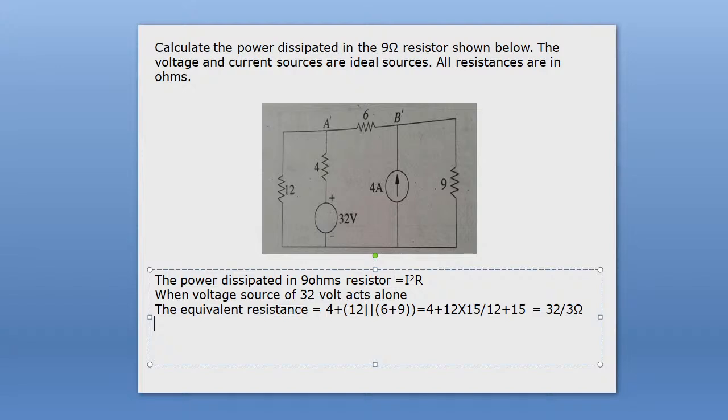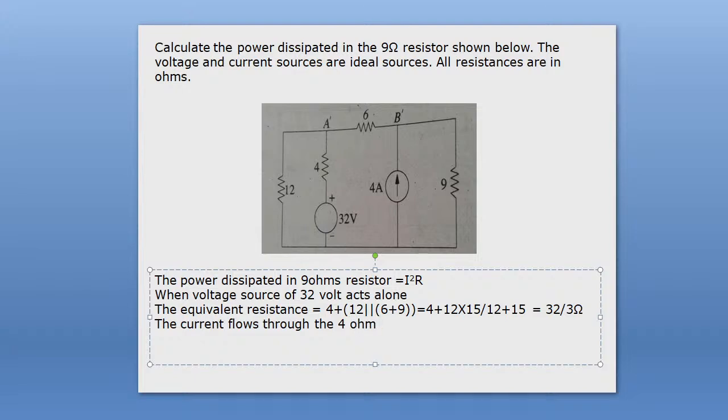32 volt. If you short this one, so for this 32 volt source, use the current flow through 4 ohm resistance. You write the current through the 4 ohm.